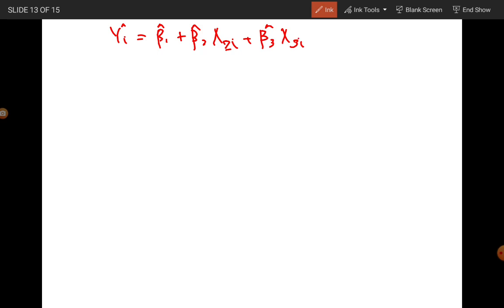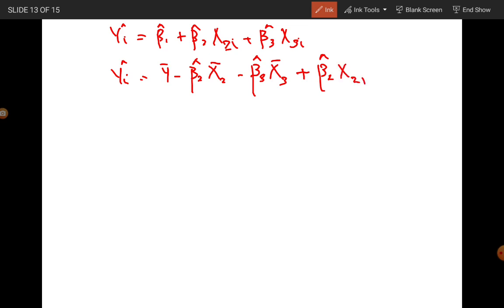Now from the first property we know that beta 1 hat can be expressed as y bar minus beta 2 hat x2 bar minus beta 3 hat x3 bar, and the remaining equation remains as it is: plus beta 2 hat x2i plus beta 3 hat x3i.